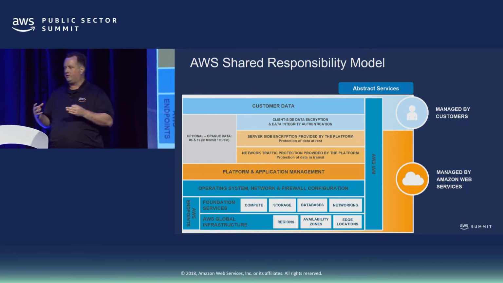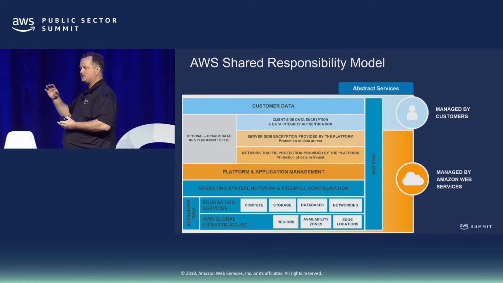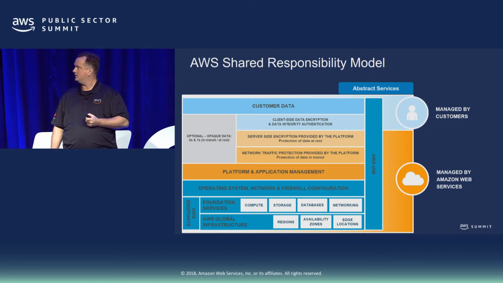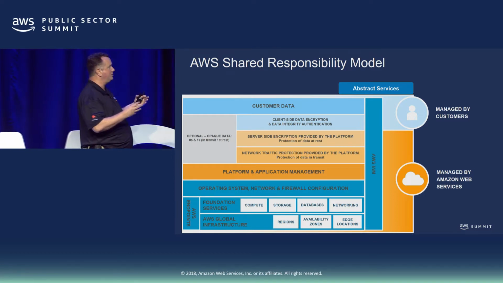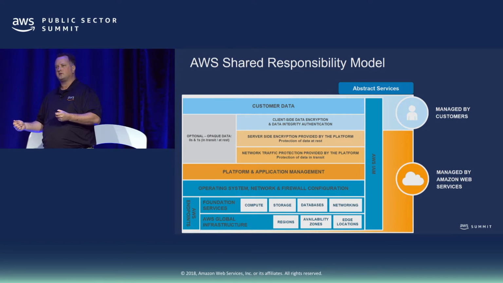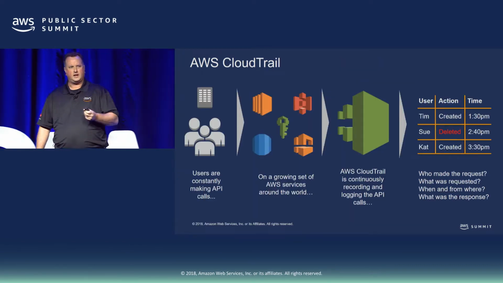So this is where AWS is managing most of the service. So examples here, things like S3 or AWS Lambda, where you're basically just bringing the code and you're responsible for the code sanitization. So when you're thinking about the responsibility model, also think about what service it is that you're using.